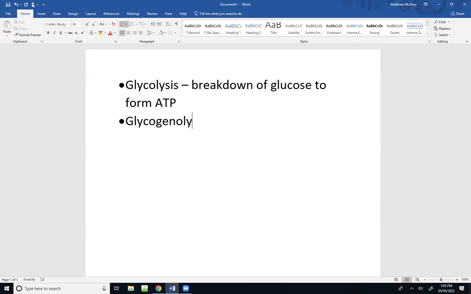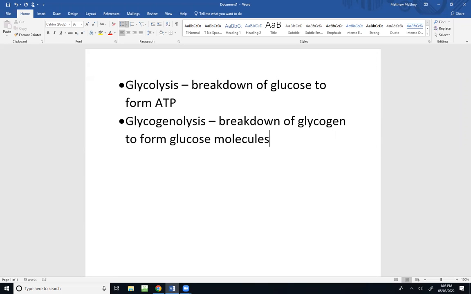Spelled similarly and sounds similar to it is glycogenolysis, which is the breakdown of glycogen, not glucose, and the breakdown of glycogen to form glucose molecules. That's what we do, for example, if our blood sugar is low.